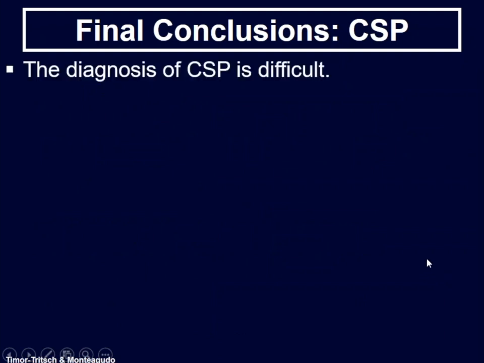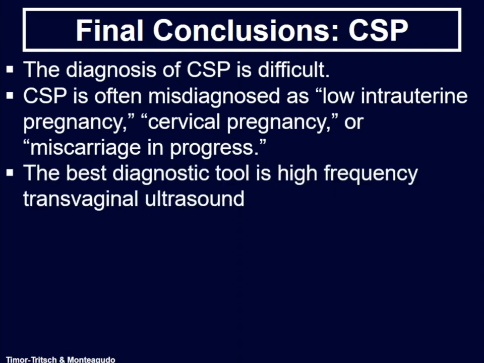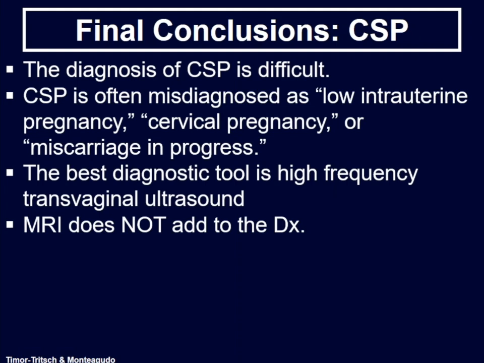So here are the final conclusions on cesarean scar pregnancies. The diagnosis of scar pregnancy is difficult. Scar pregnancy is often misdiagnosed as low intrauterine pregnancy, cervical pregnancy, or miscarriage in progress. The best diagnostic tool is high-frequency transvaginal ultrasound. MRI does not add to the diagnosis.